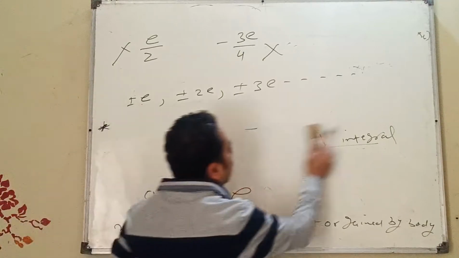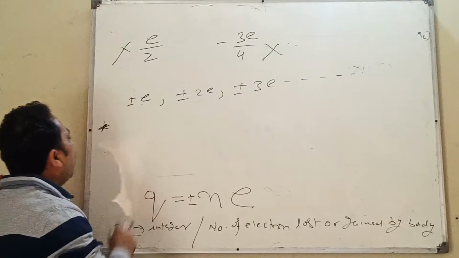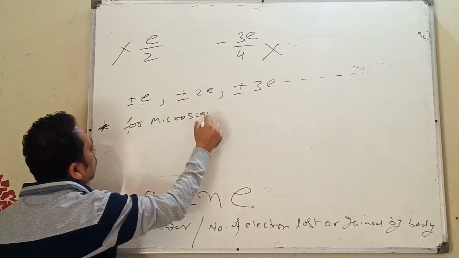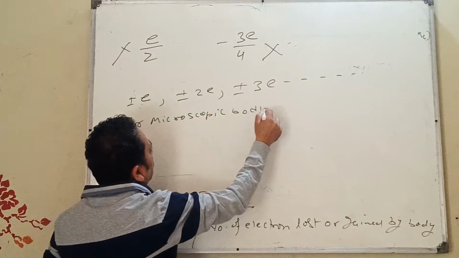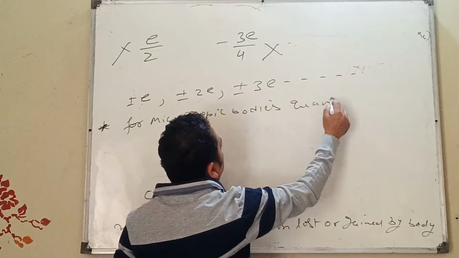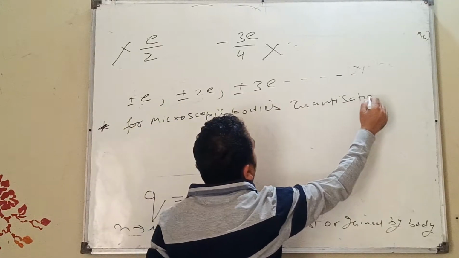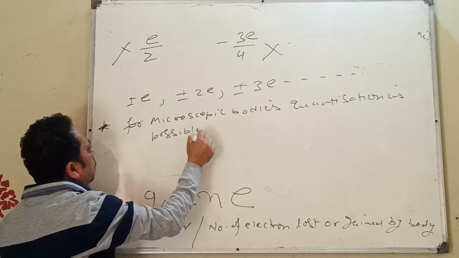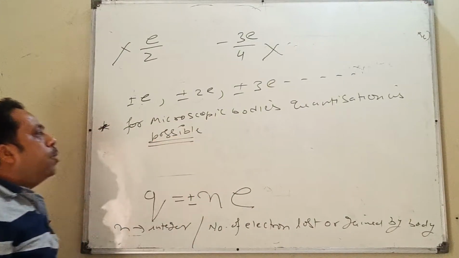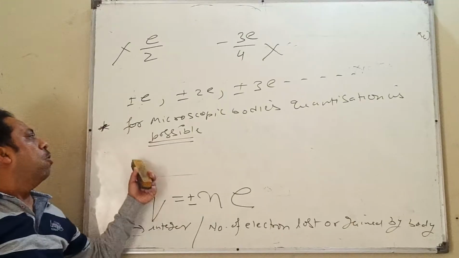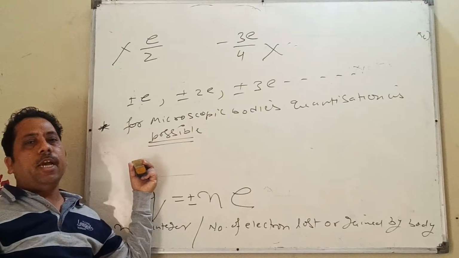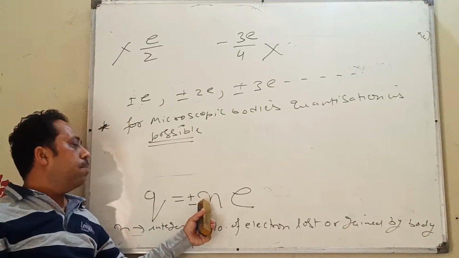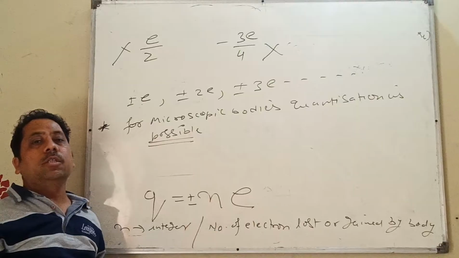So that is quantization. Now an important question from the NCERT: this quantization is valid only for microscopic bodies. Quantization is possible only for what? Only for bodies for which n, that is the integer, the number of electrons lost or gained, is very small.